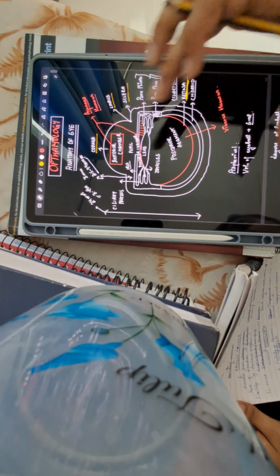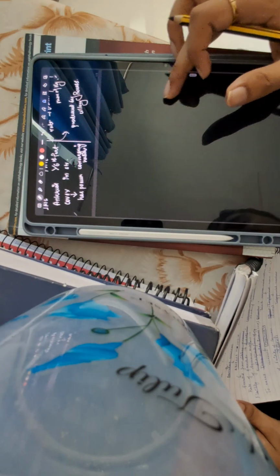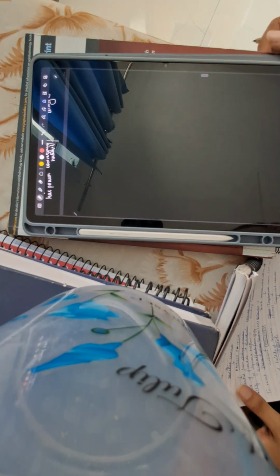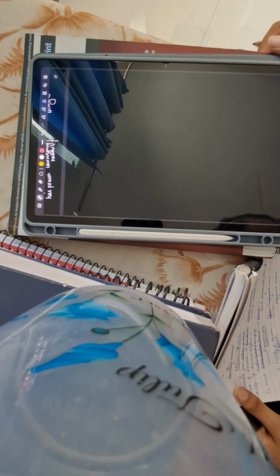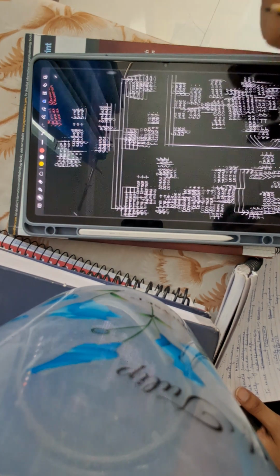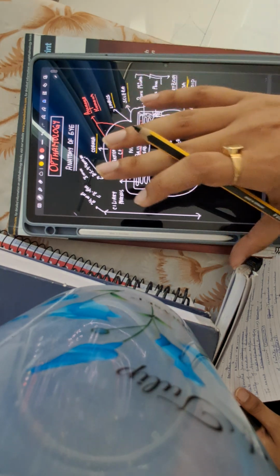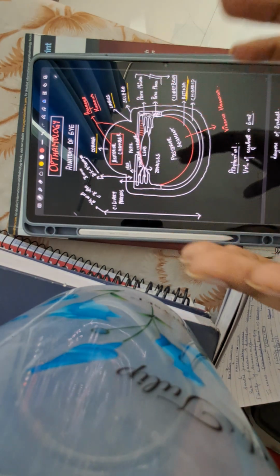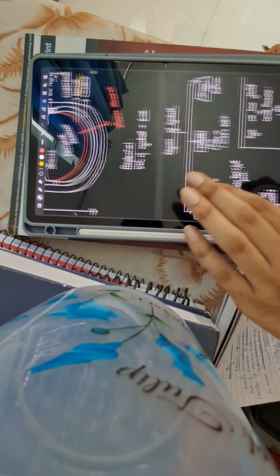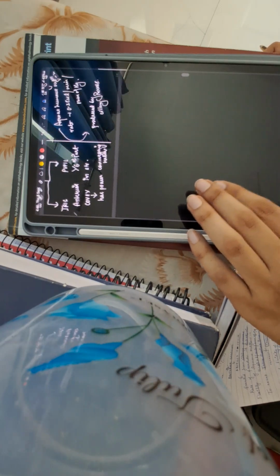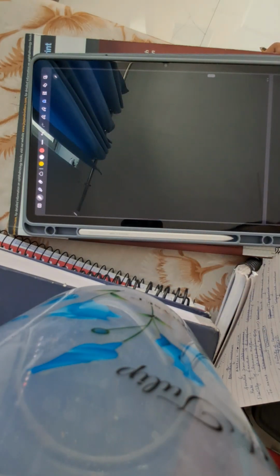After getting to know about this in detail, let's talk about the structure of the cornea. So that's the end of this video for the basic anatomy of the eye, and we will meet until next time.